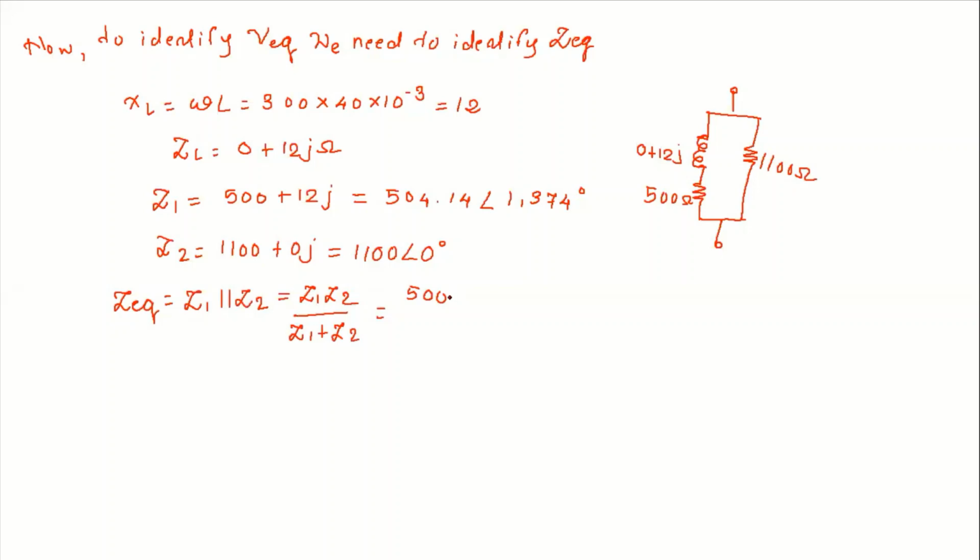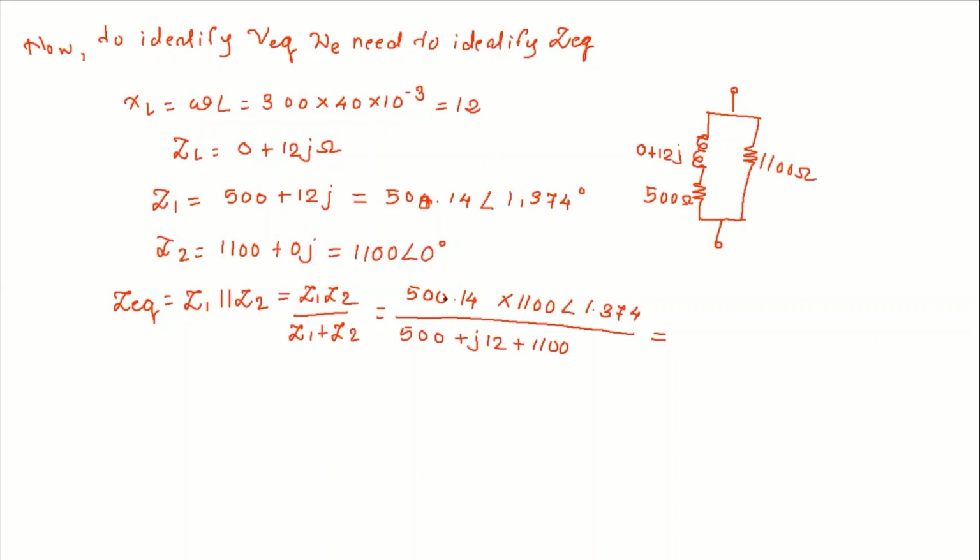Sorry, I think I have written a little bit wrong over here: instead of 504, it is 500.14, into 1100 at an angle 1.374 degrees, divided by, since we perform impedance addition, we should take the rectangular form, which is 500 plus J12 plus 1100. Solve this one.